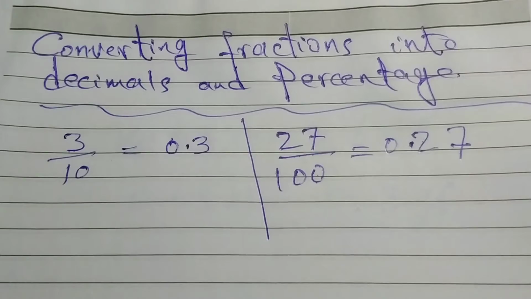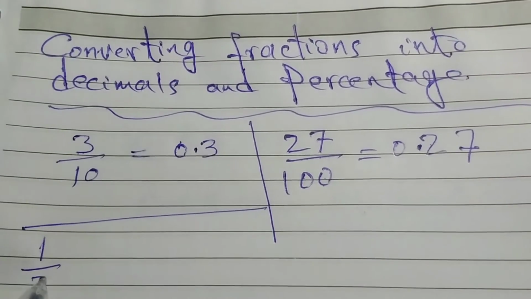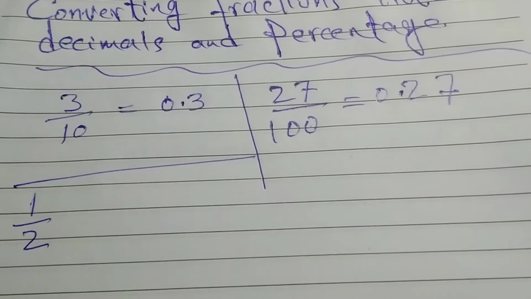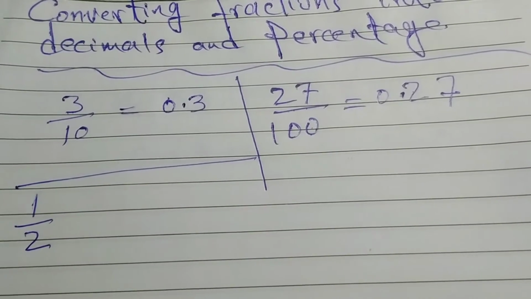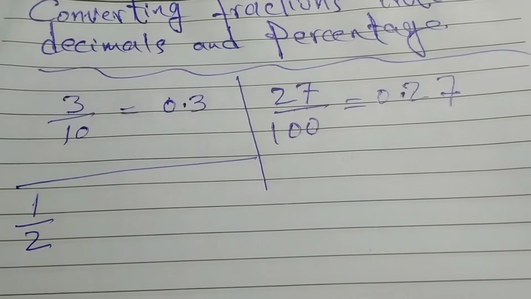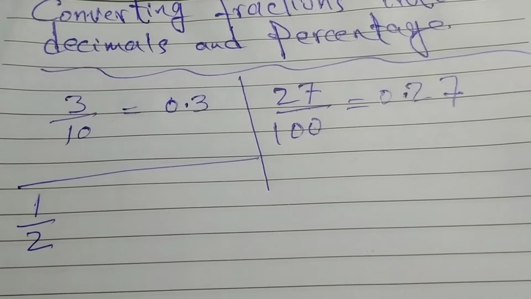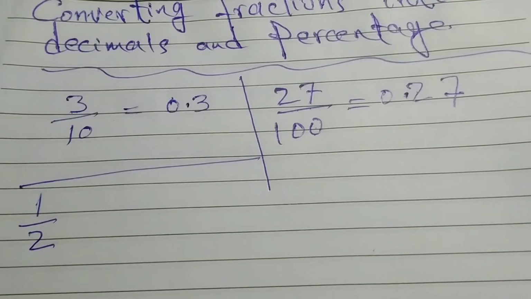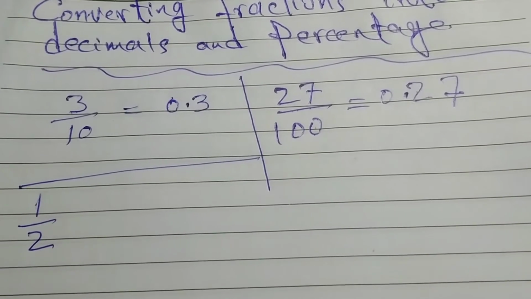This is a very simple question. So let's see one more question. If there is given 1 over 2. Now the denominator is not 10, not 100 or 1000. So what will we do? First of all, we will try to make the denominator 10 or 100. Because 2 is less than 10, we will try to make 2 into 10. So 2 multiplied by what equals 10?